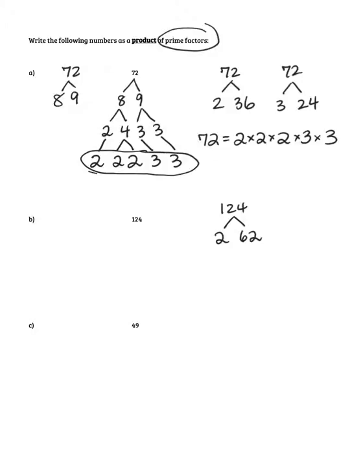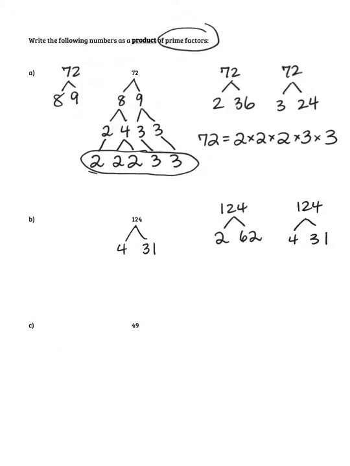Another one would be 4 and 31. So let's go with 4 and 31 as our main example here. So we know that 4 times 31 will give you 124.